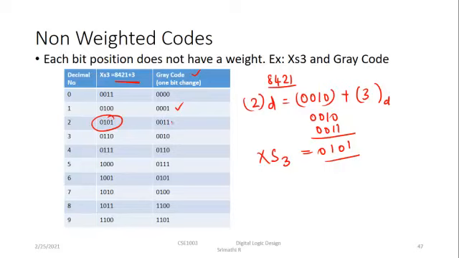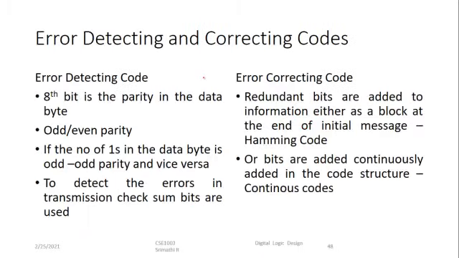In that case, if I use 0010, I'm changing the LSB as well as the second LSB. That is not allowed. Only one bit change is allowed. So I'm making this 1 and keeping the other as such. So it will be 0011. Only one bit change is allowed for your gray code.